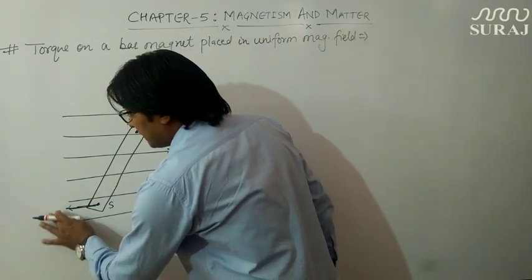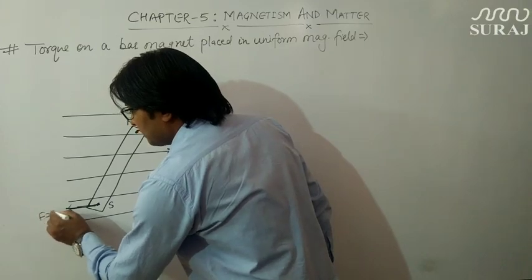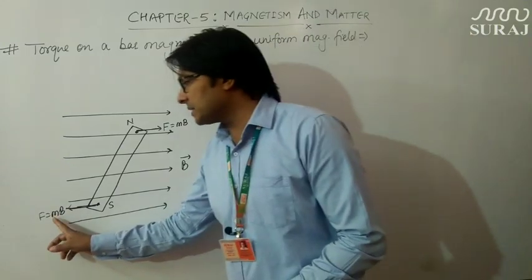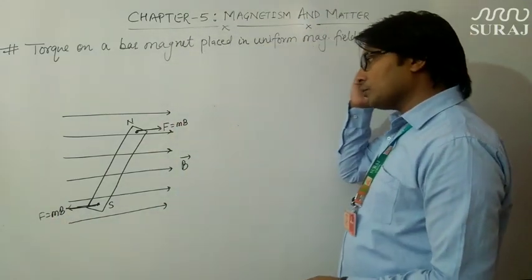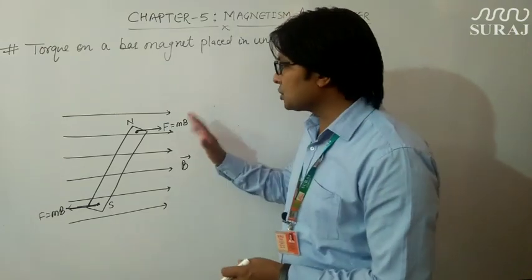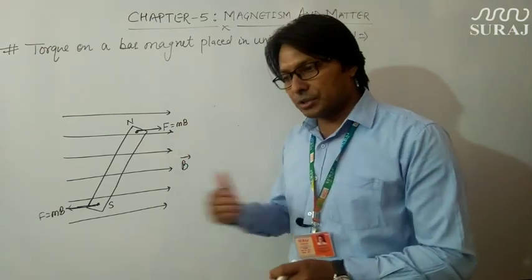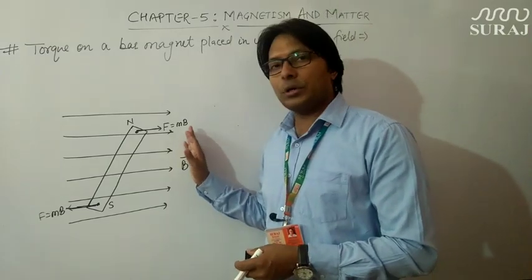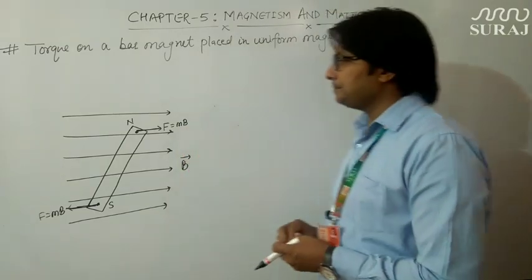F is equal to m into B, where B is the uniform magnetic field and m is the pole strength of the bar magnet. The stronger the bar magnet, the stronger the pole strength. The strength of any bar magnet is given by the pole strength, small m.